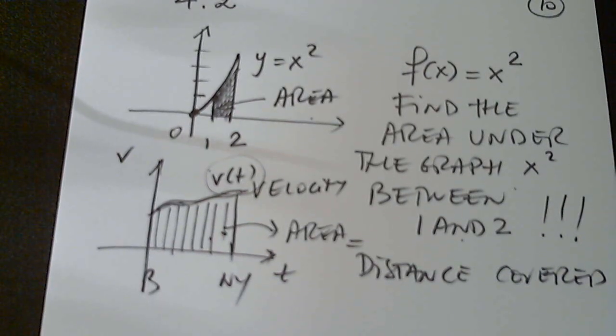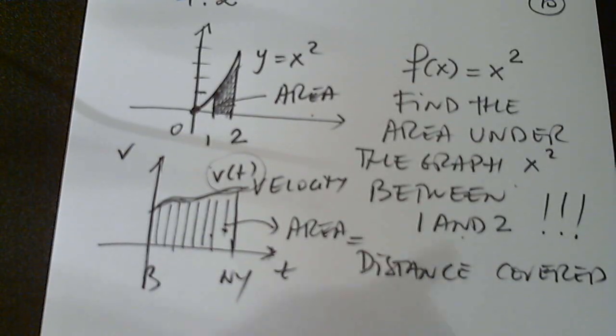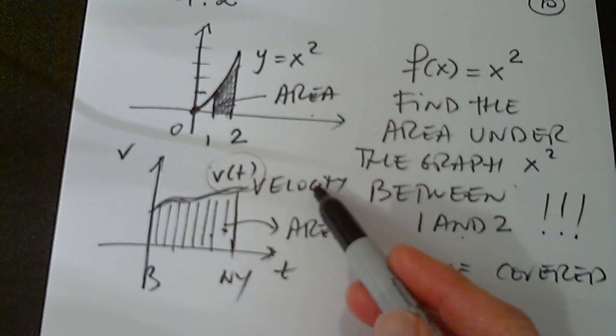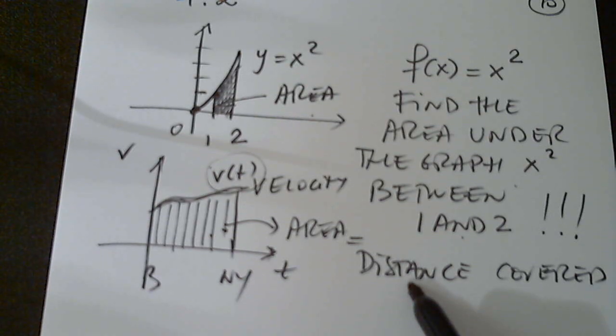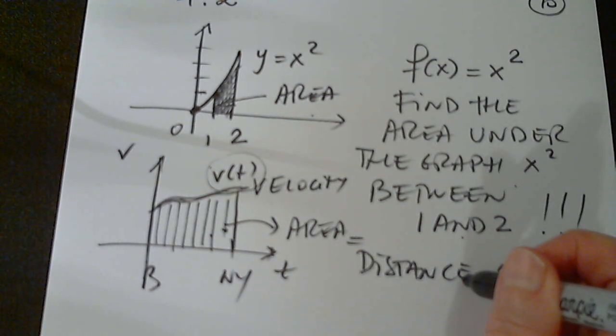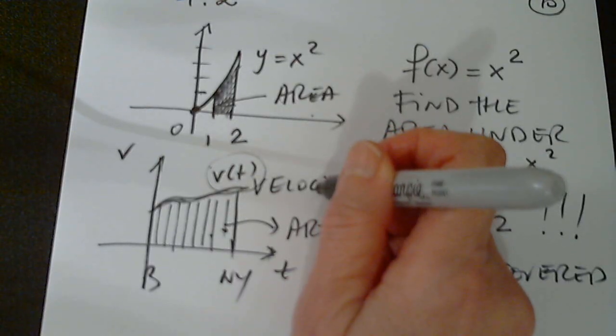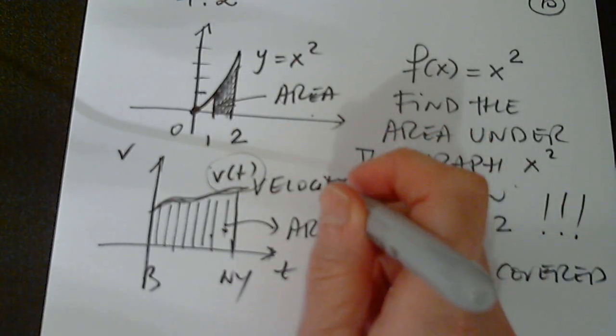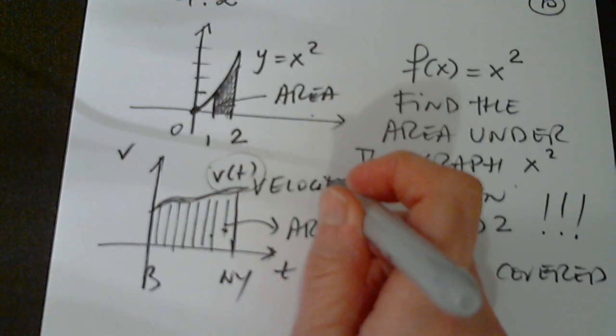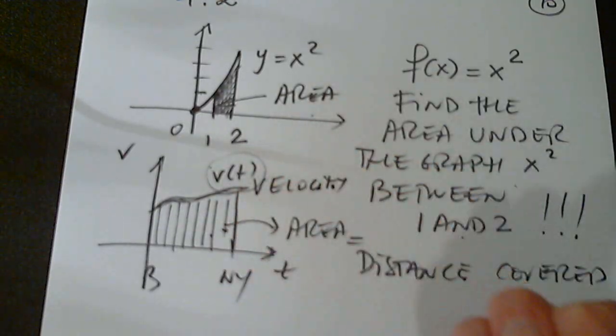Why? Because I'm going back from the velocity to the distance. Remember, in the previous chapter we were given the distance and asked to find the velocity. But if I'm given the velocity, now in this chapter we are going backwards with the antiderivative.